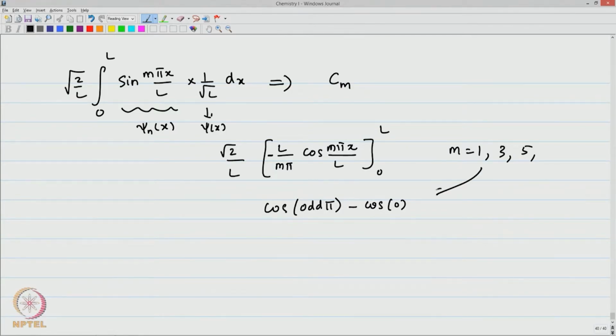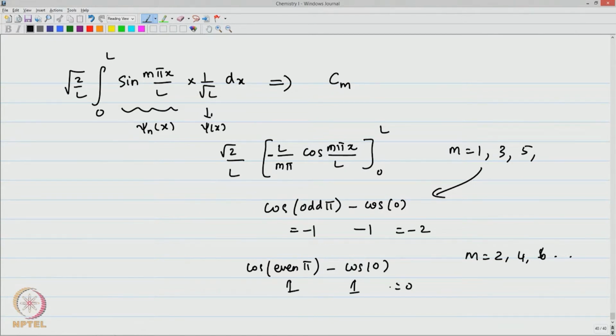This is minus 1, this is minus 1, so it is minus 2. But if m is even, this will be cosine of even pi minus cosine 0, both of which are 1, and therefore, this goes to 0.